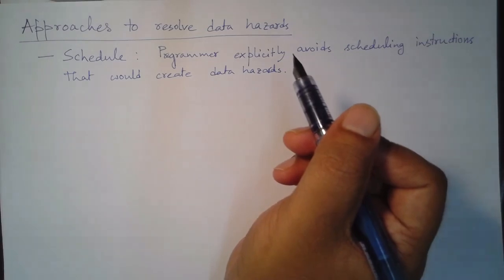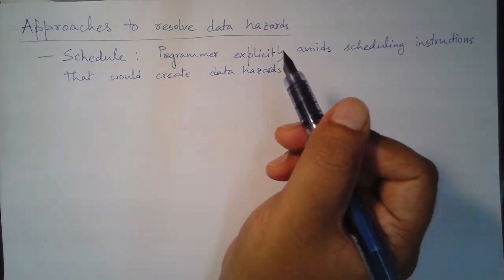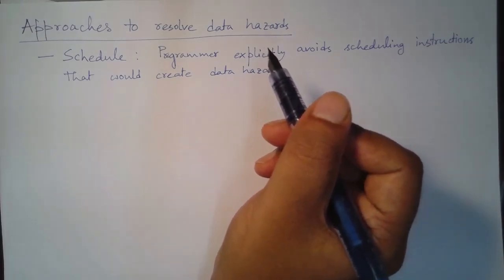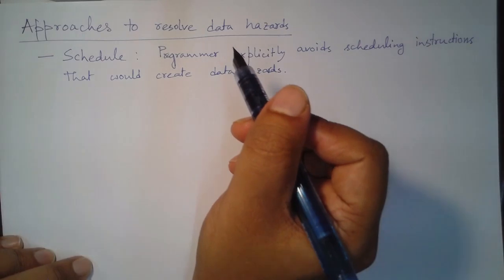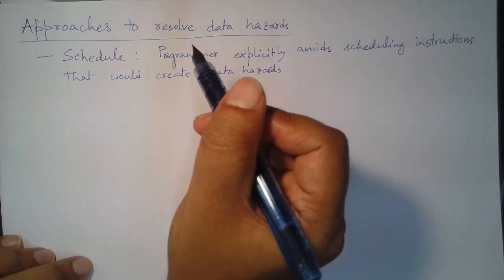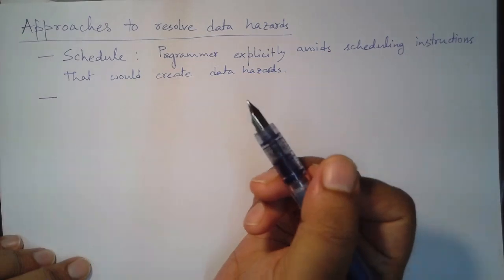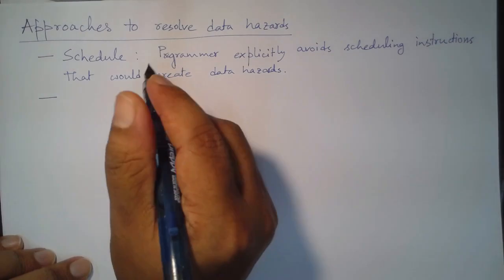It also is not very wise, because there is a lot of possibility of security vulnerability, because you are exposing your hardware completely to the programmer, and then the programmer or some malicious entity can make use of that and write unwanted programs which can create problems in your system. So that's why this is not a very successful way of avoiding data hazard.